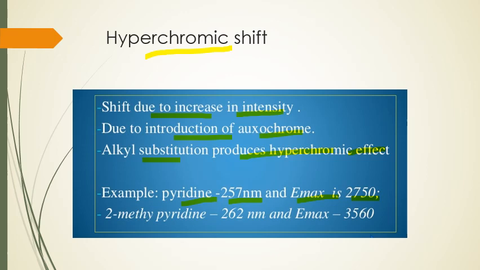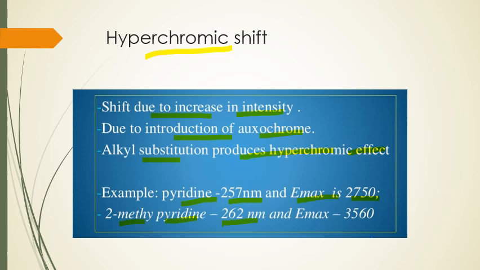And if we talk about its alkyl product, that is 2-methylpyridine, it causes the shifting in the absorption lambda max. If you are able to see, pyridine has 257 nanometer absorption, which is increased to 262 nanometer. So it is causing the bathochromic shift.